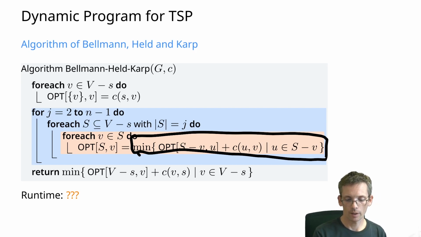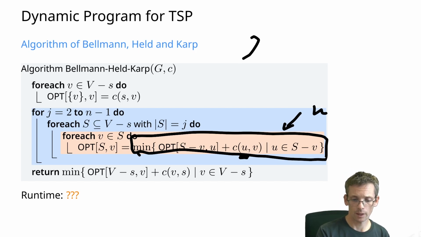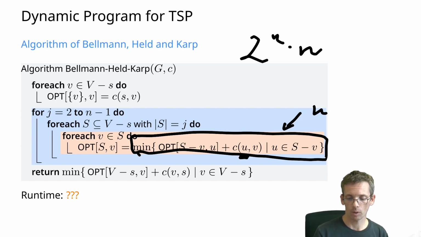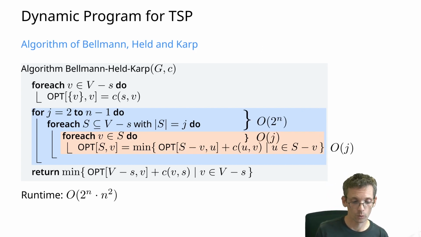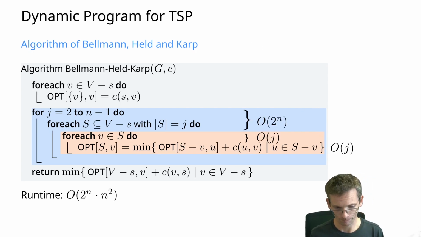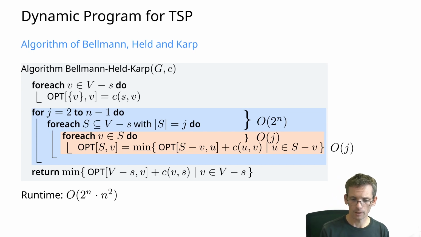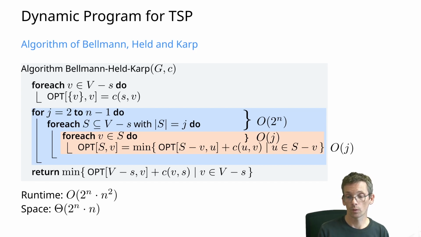I'm trying every possible choice for u in S without v. So this is up to n choices, or O of n choices. I said I have 2 to the n times n subproblems, so this gives me a running time of O of 2 to the n times n squared. The space is simply the number of subproblems, that is 2 to the n times n.